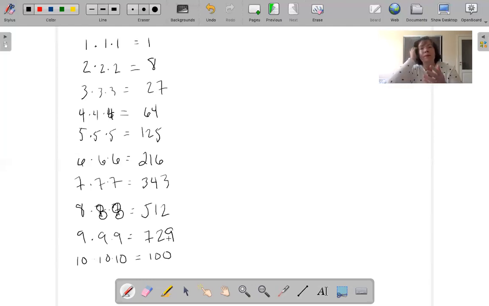Just like when you were 8 or 9 years old, your teachers made you memorize your times tables. 6 times 6 is, 6 times 7 is, 6 times 8 is, and you just had to memorize those. Nobody ever really checked to see if you had those memorized. You were just expected to know them.